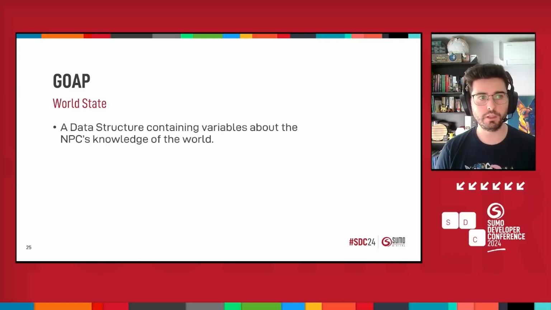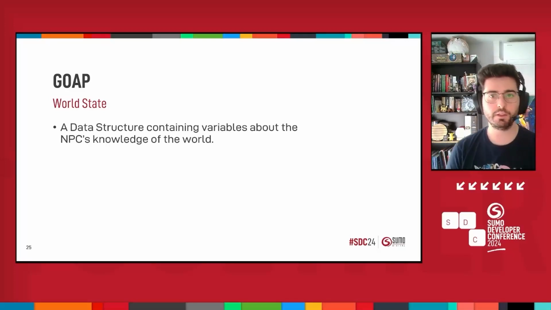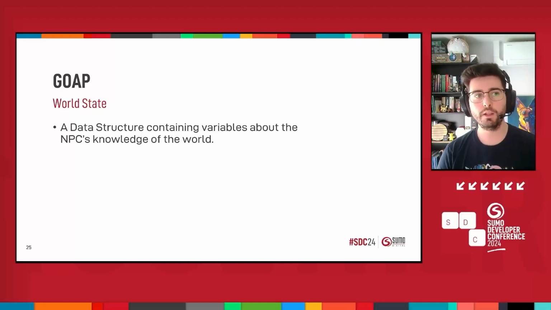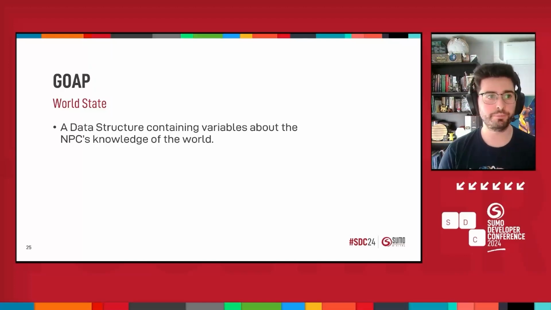So, a little more in depth about the world state. This is a data structure that will contain variables about the NPC's knowledge of the world. How you define this structure is up to you in your implementation, because you can store different types of data, or you can have it all being strings and booleans. It really depends on how you want to contain this information.